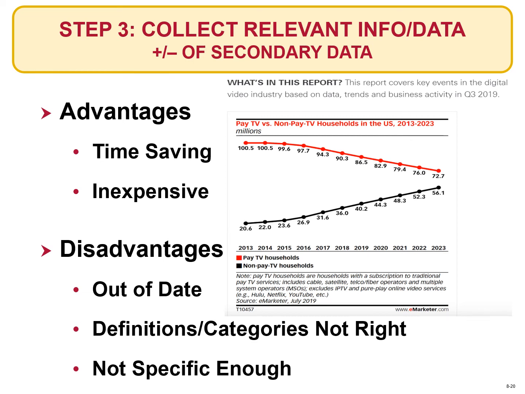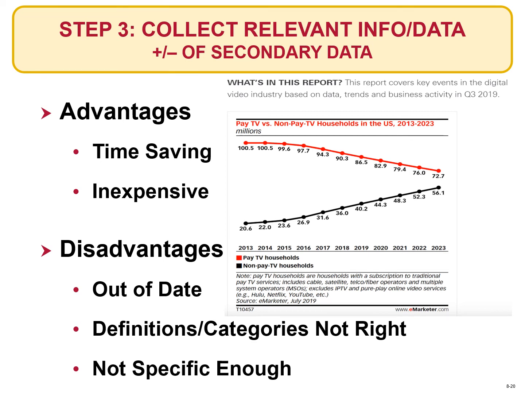And I put this example in here because it gives us an idea of how definitions or categories can be different for different people. For example, in that graph, it says pay TV versus non-pay TV households in the US. The red line is for pay TV households. The black line is for non-pay TV households.